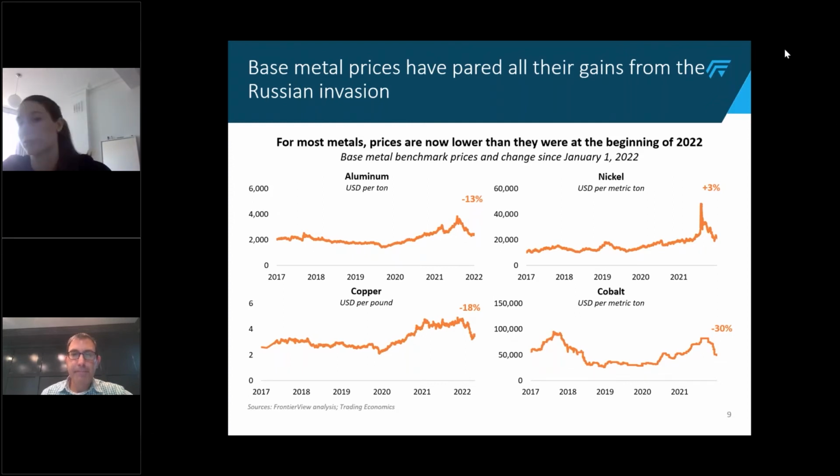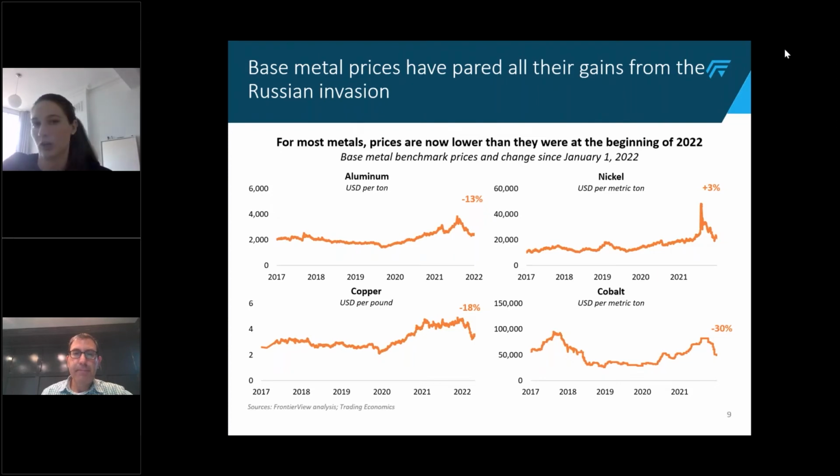So if you get a global manufacturing downturn, which we're starting to see manifest, that's taking a lot of demand for metals out of the system. And the other big factor, as I nodded to earlier, is China's property market situation and weaker construction activity in China for several months now, which is likely to continue. That's taken quite a bit of demand out of the story as well.